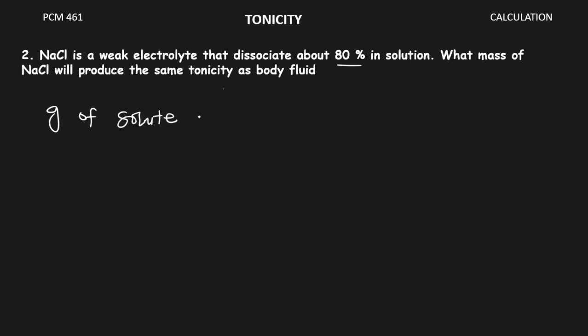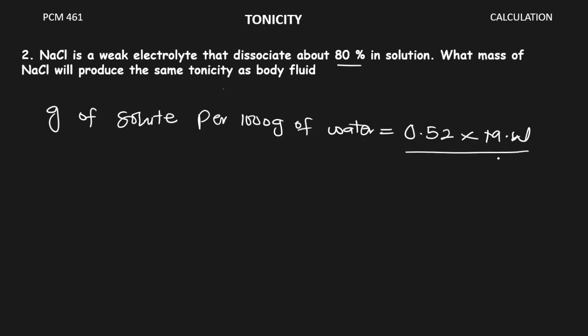To calculate the gram of solute per 1000 gram, the gram of solute present in 1000 gram of water is equal to, the formula is 0.52, which is the tonicity of body fluid, times the molecular weight of the compound divided by 1.86, times the dissociation factor.